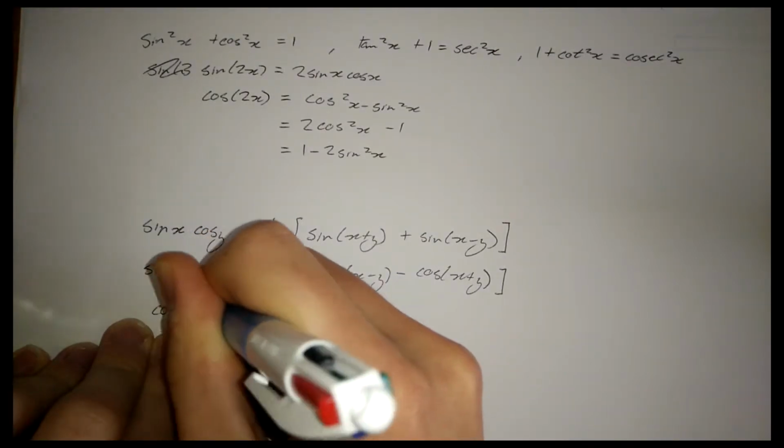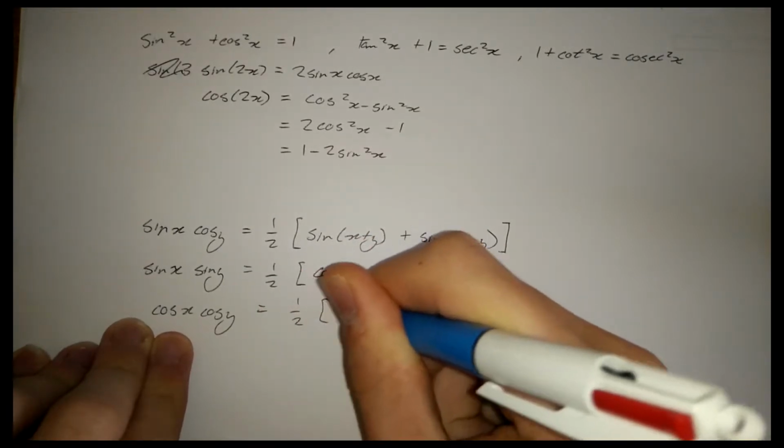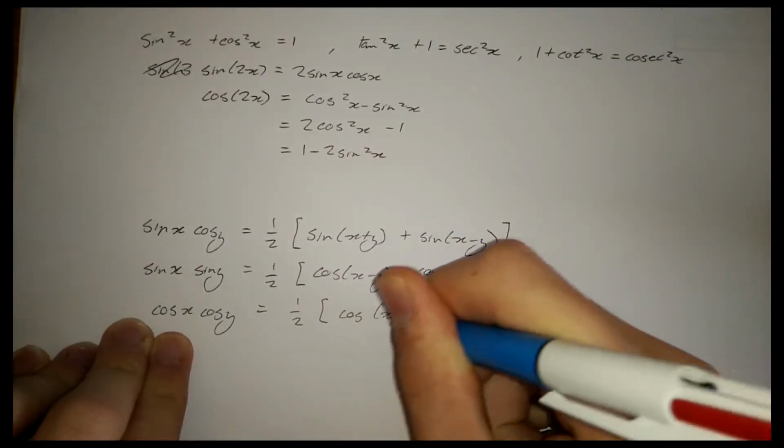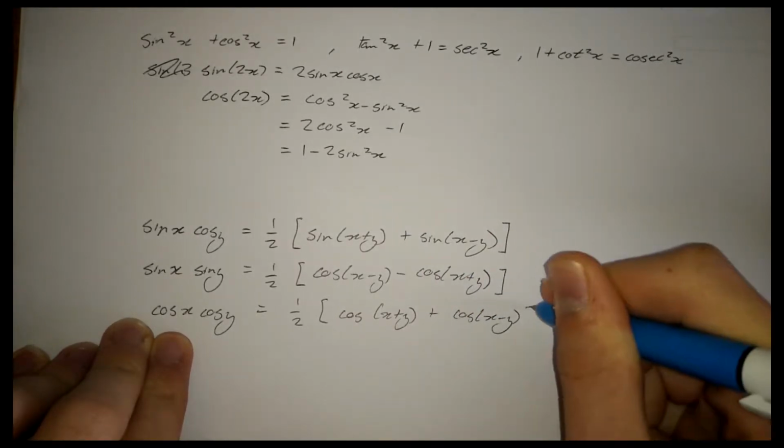And cos x cos y equals half of cos of x plus y plus cos of x minus y.